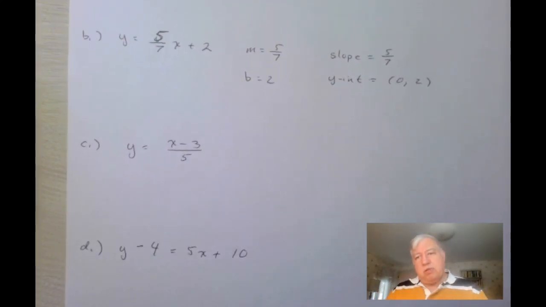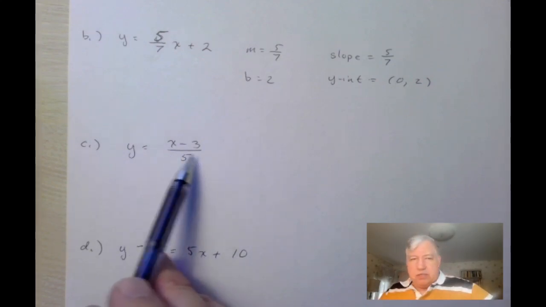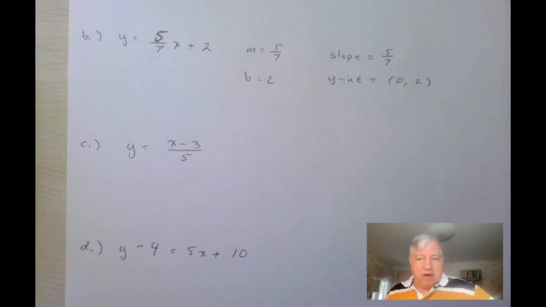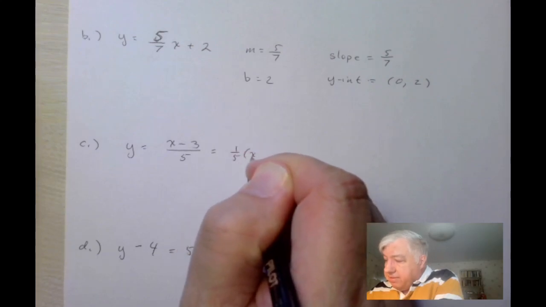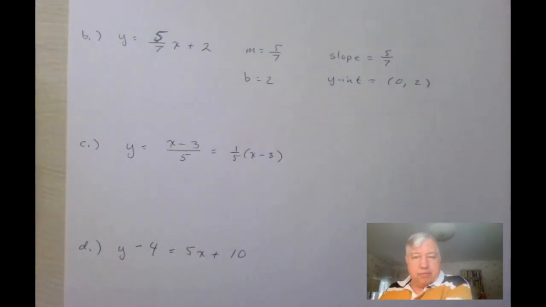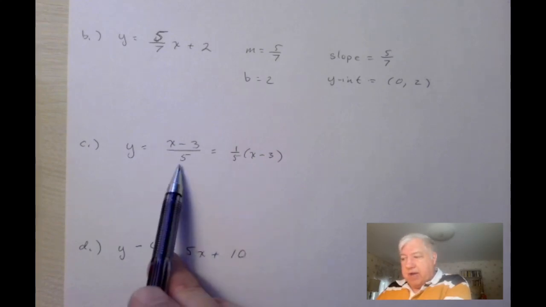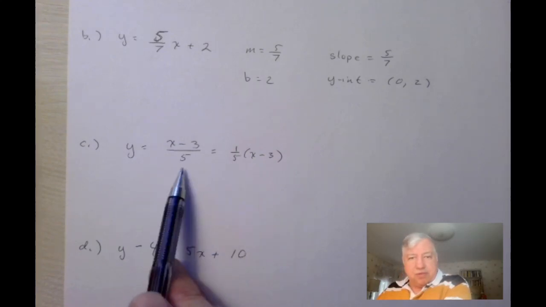All right. Now what about this one on part C? We might have to do a little bit of work to get it in the desired form. Here we're taking x minus 3 and we're dividing everything by 5. Another way you can think about this is the same thing as multiplying by 1/5. Dividing by 5 and multiplying by 1/5 is the same thing.